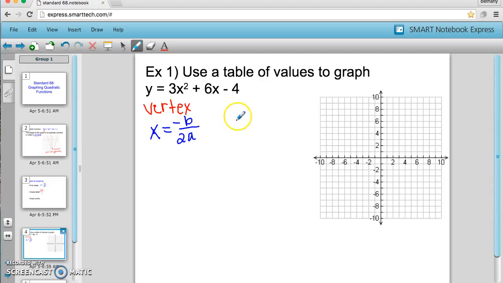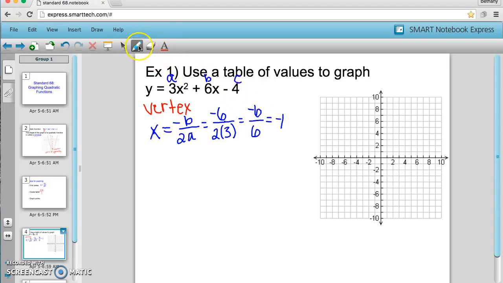Looking at our function, remember the a always comes first, so that's our a, this is our b, and this one out here is our c. My b is 6, but since it says negative b, I need to make it a negative 6, over 2 times my a value, which in this case is 3. So negative 6 over 2 times 3, which is positive 6, gives me negative 1. That means the x value of my vertex point is negative 1.